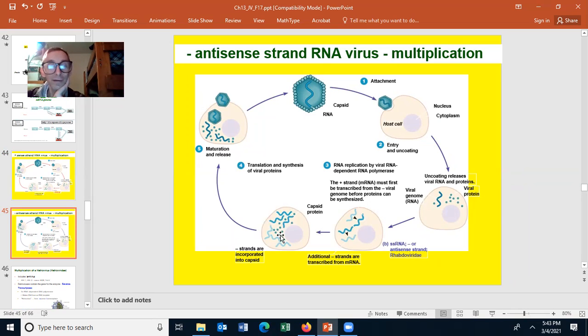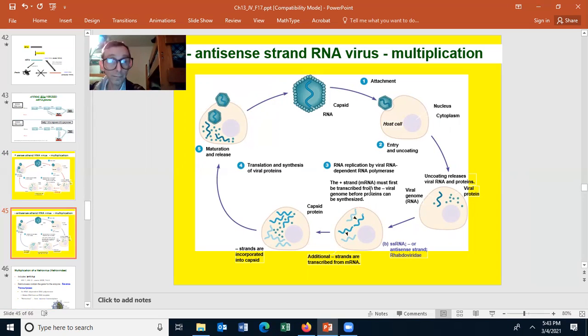Anyways, then the viral protein gets together with the negative strand genomic RNA of the virus, and then the virus assembles, and then the viruses are released either by the budding life cycle or by the lytic life cycle. Any question about RNA viral multiplication in animal cells? No questions? I'm going to move on.